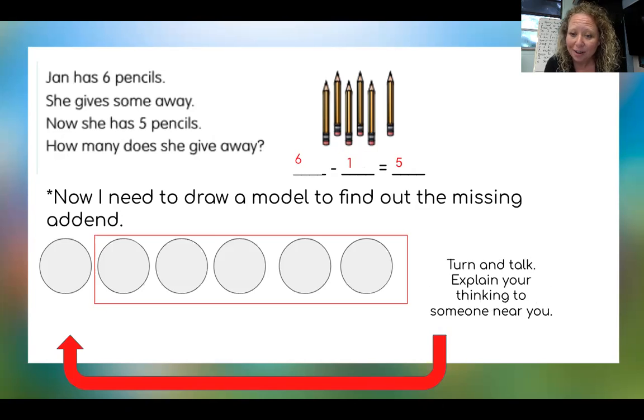Turn and talk. Explain your thinking to someone near you.